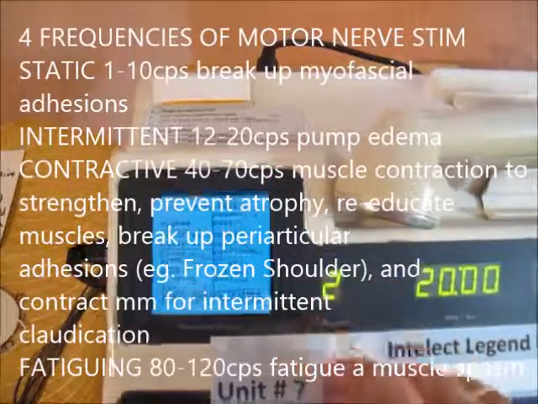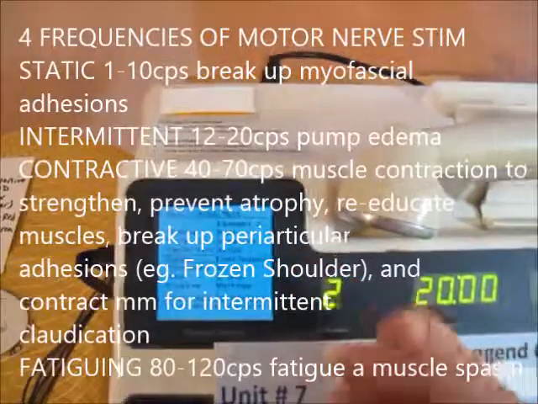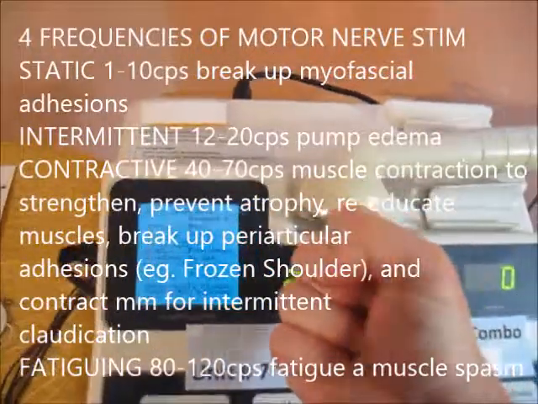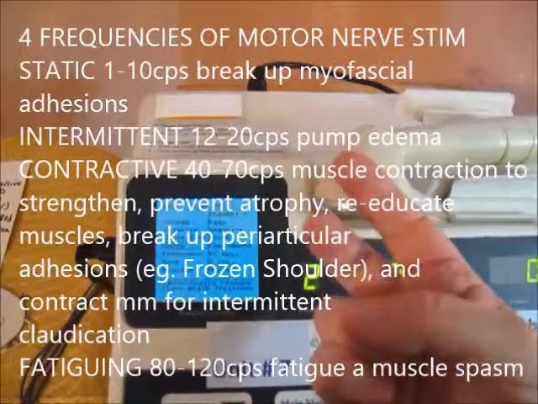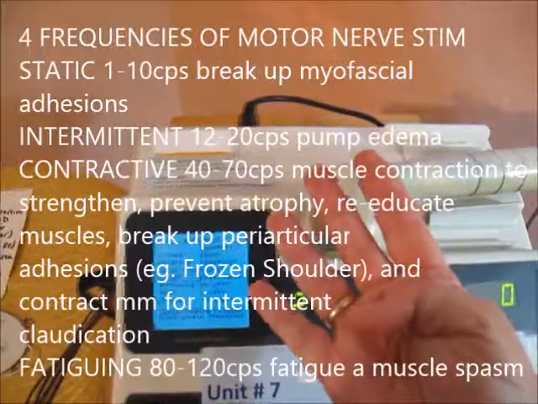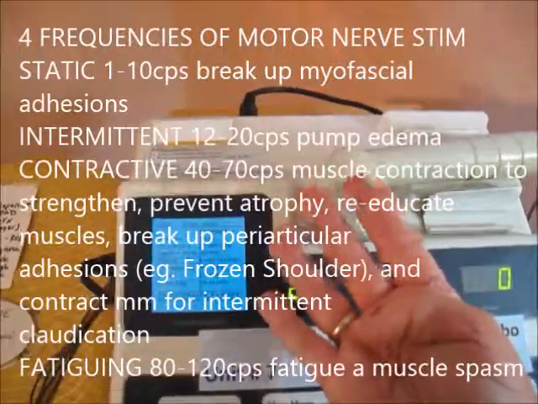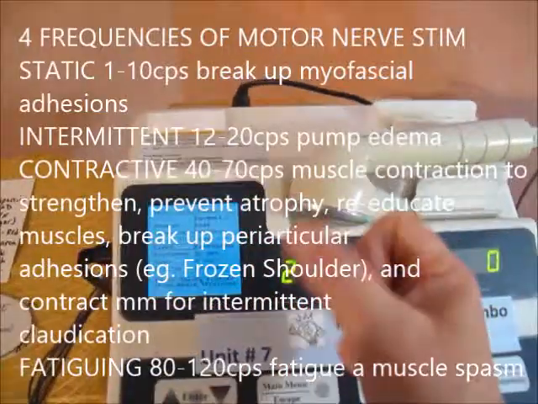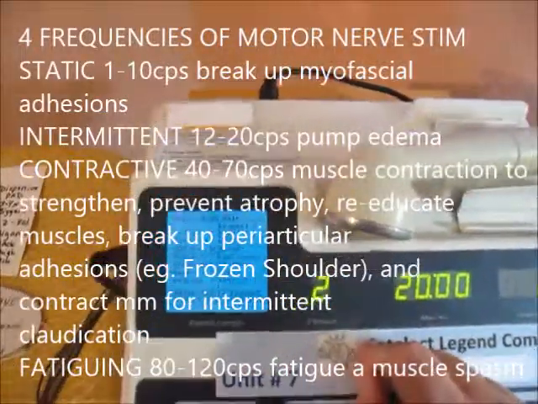The third one that we would use would be anywhere between 40 to 70, and that one's going to be for contractive. Contraction is so that we can strengthen the muscles, prevent atrophy. We can also do muscle re-education. We can also tear up adhesions, like periarticular adhesions like frozen shoulder. And then the 5th thing it can do is actually pump the legs, as in intermittent claudication.